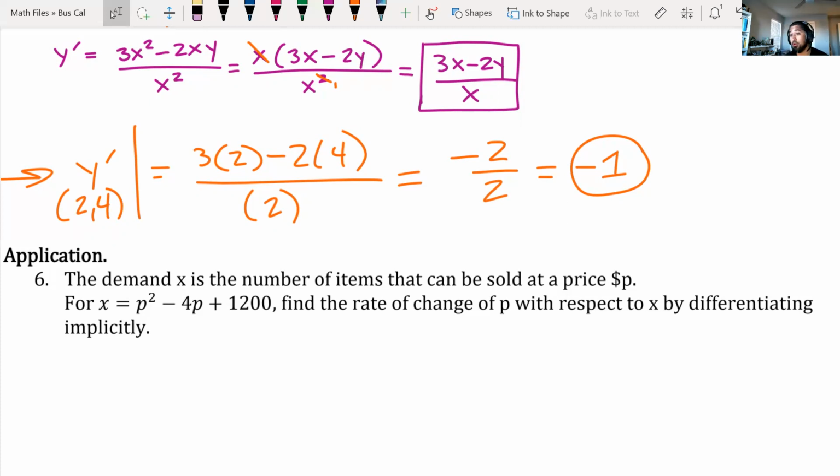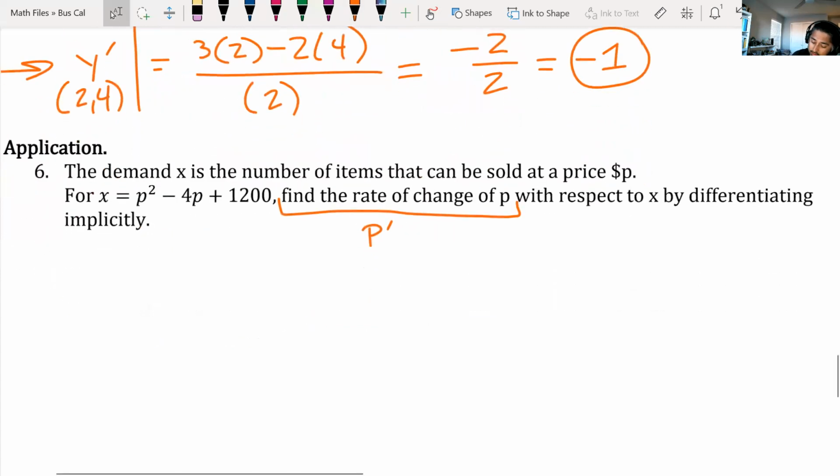Okay, so all we're going to do here is solve for p prime. This is what it's asking. It says find the rate of change of p. So we're looking for p prime. So that means we're going to take this equation and apply implicit differentiation to it.